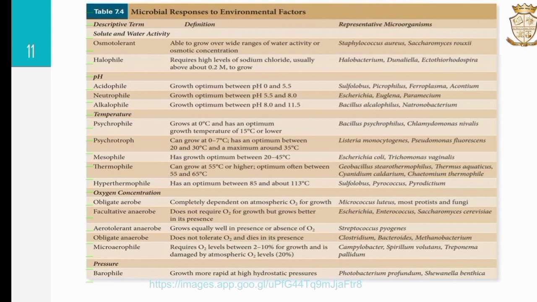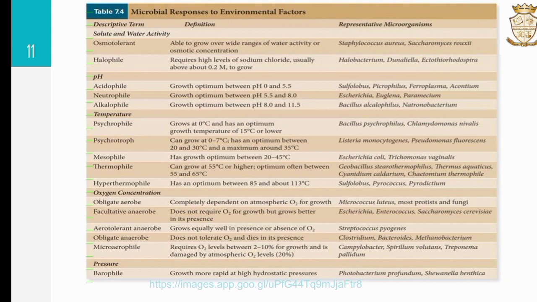The second one is neutrophiles. Their growth optimum is between pH 5.5 and 8.0. Examples are Escherichia, Euglena, and Paramecium. The third one is alkalophiles. Their growth optimum is between pH 8.0 and 11.5. Examples are Bacillus alkalophilus and Nitrobacter.